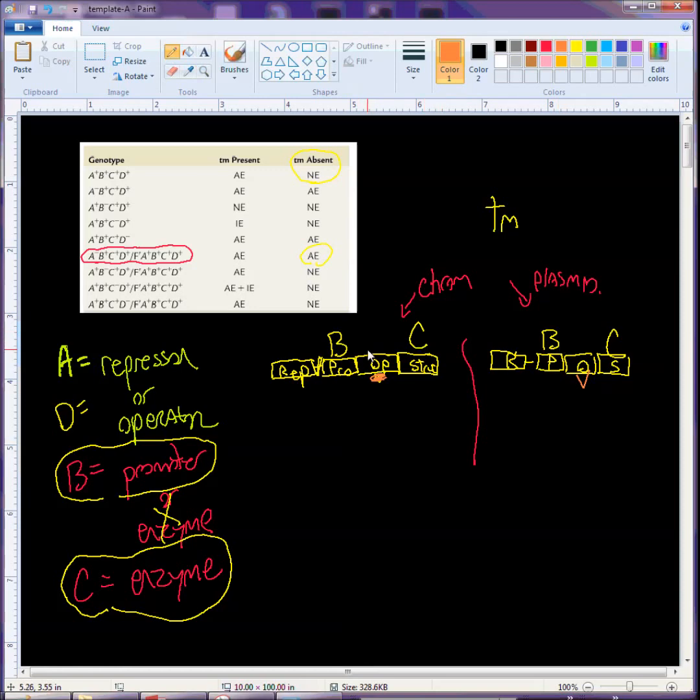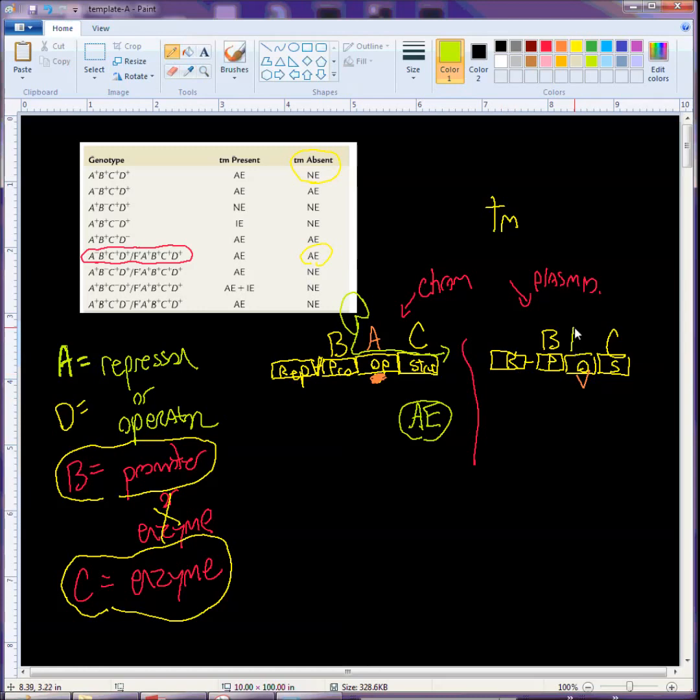And if A is the operator, and the repressor binding site on the operator is mutated, well then RNA polymerase is going to come in here and bind to the promoter and transcribe through the operator, transcribe that structural gene, and the enzyme will always be active whether the theoretical molecule is present or not.